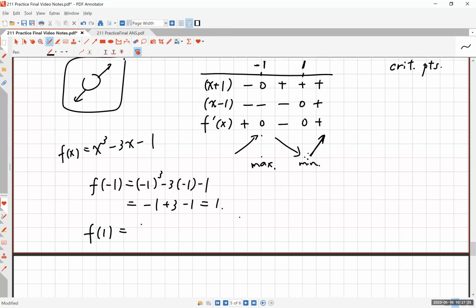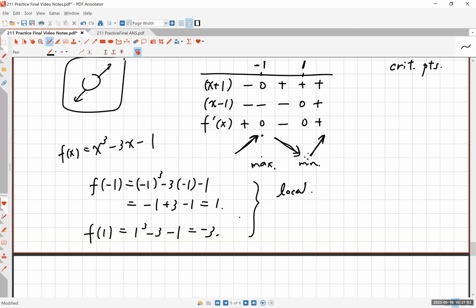F of 1 happens to be 1 cubed minus 3 minus 1, and so that is negative 3. All of this tells you that I used what is called the first derivative test. You have a critical point, and at that critical point, if the derivative goes from positive to negative, then you have a local maximum.